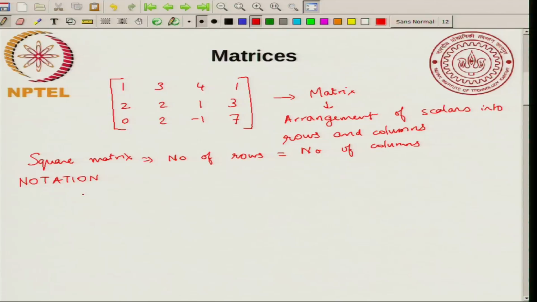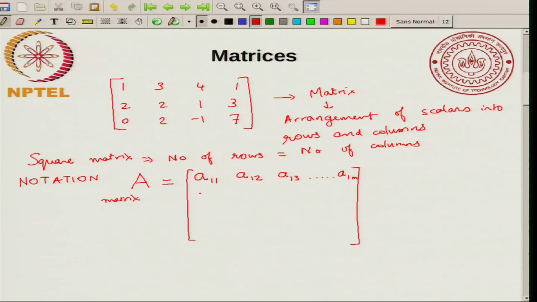okay, if A denotes a matrix, it is denoted by a rectangular array, and I will start with it in general and then explain what we are talking about. The elements of A are denoted as a 1 1, a 1 2, a 1 3 up to a 1 m.